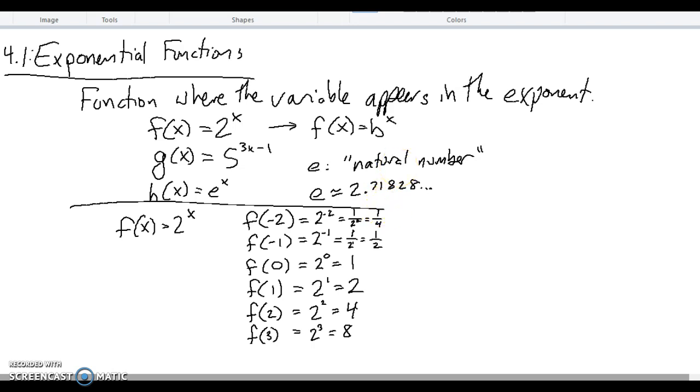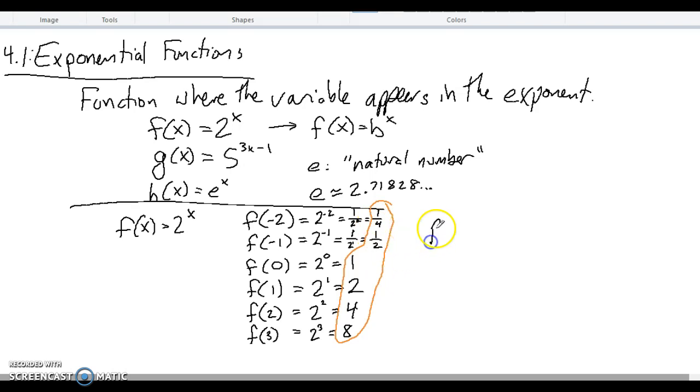And so let's notice a few properties that we see. The outputs that have shown up, these outputs here are all positive. Even when our x values started becoming negative, the outputs stayed positive. They just got smaller. And that will always be the case.